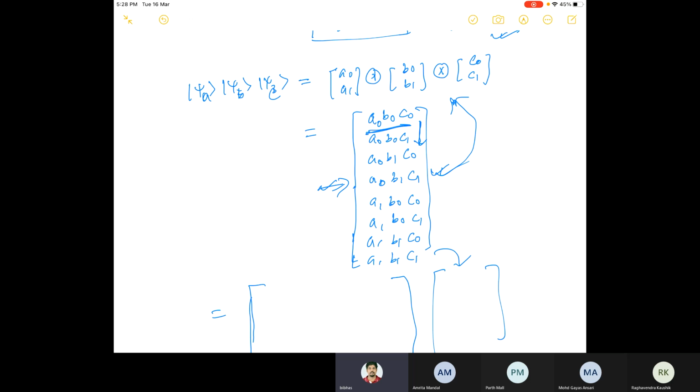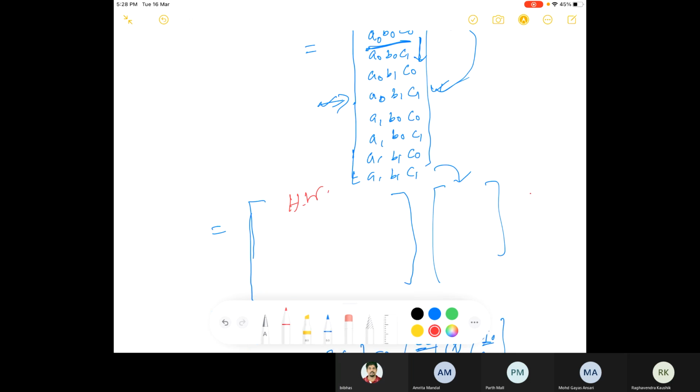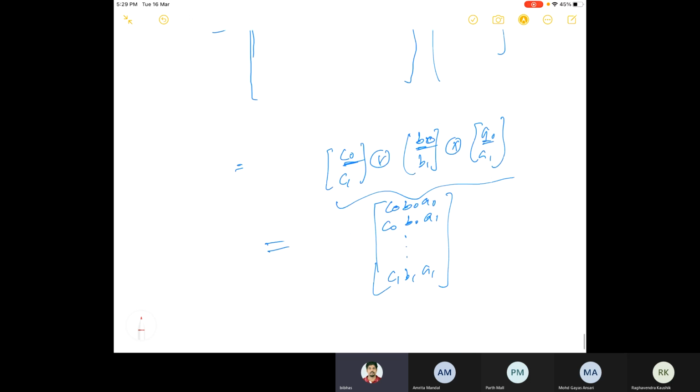This could be a homework: how to determine this. Ultimately the question is, we can find it for n equal to 3, but I want to find the entries of this matrix for arbitrary n.